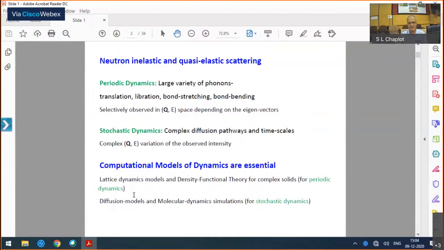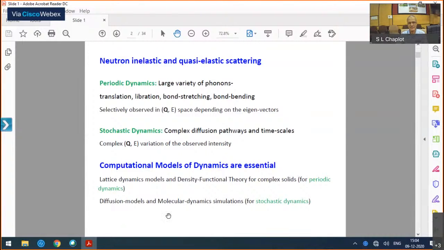So for that, there are various theoretical methods involved. For the phonons, the technique is lattice dynamics, and there are lattice dynamics models. Some are empirical models, some are based on ab initio methods like density functional theory.